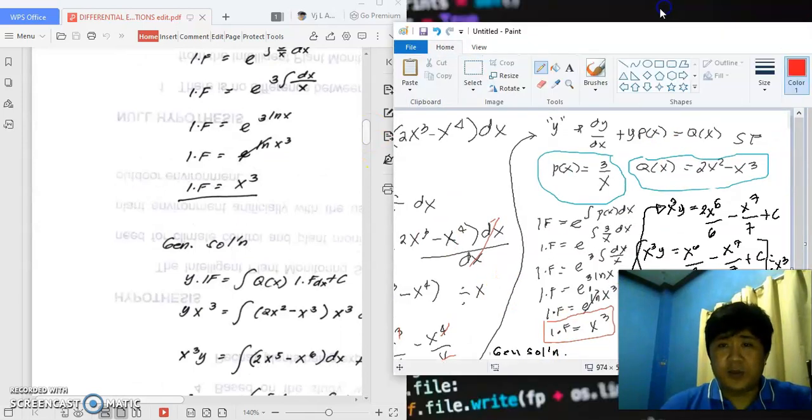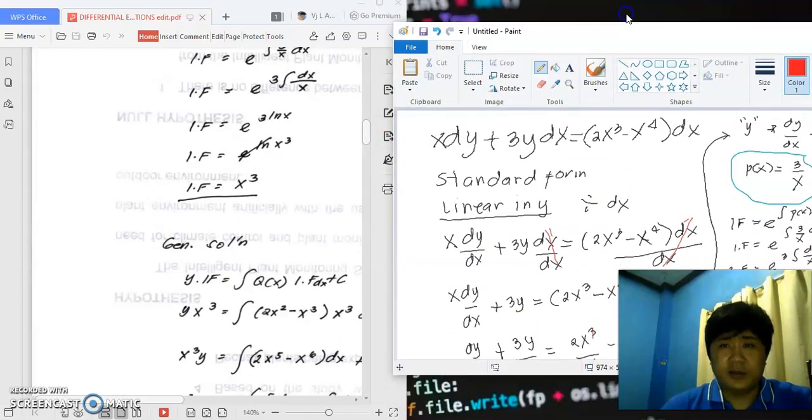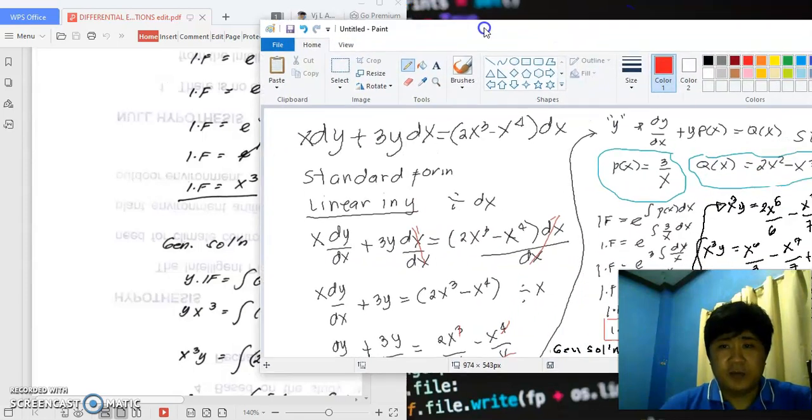And let's look if our general solution is the same.